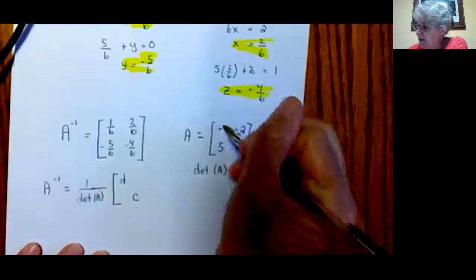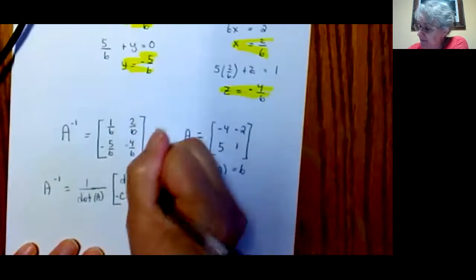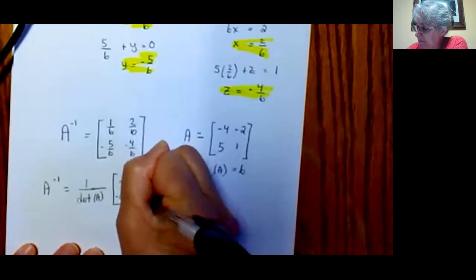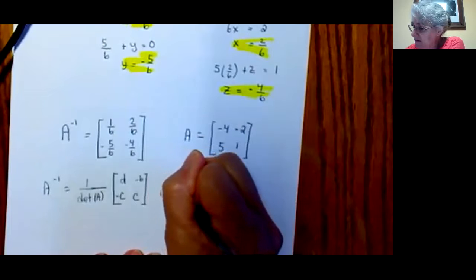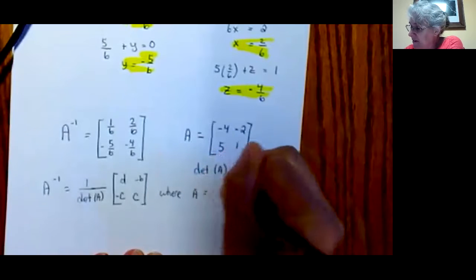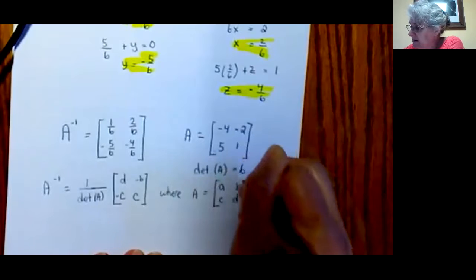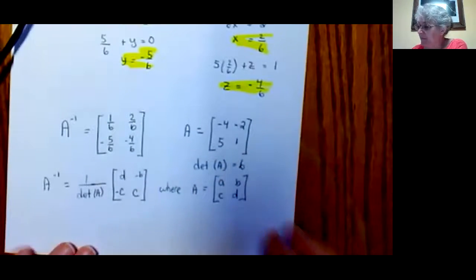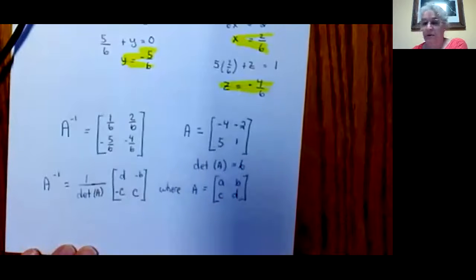So 1 and minus 4 get swapped, and these guys become the opposite sign. Okay, in this case, A equals minus 4. So 1 and minus 4 swap, and then this becomes a minus 5 because of positive 2, and you multiply it by 1 over your determinant. And that's how you find an inverse.